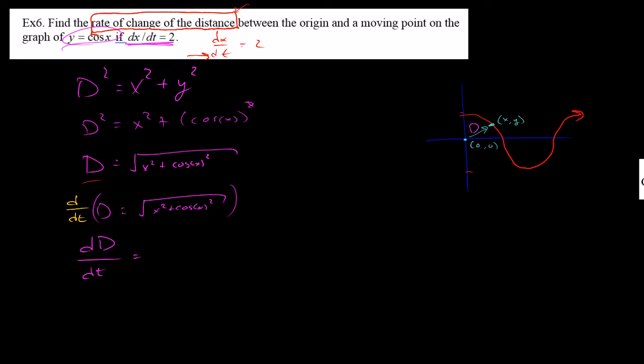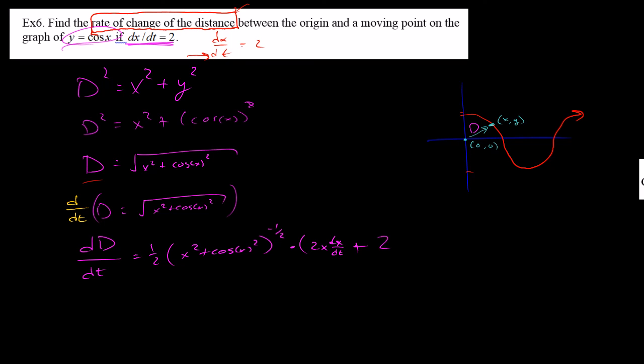If we take the derivative of this other side, we're going to have to apply some chain rule going on. So we got 1/2 times x squared plus cosine x squared to the -1/2 times the derivative of the inside. We have 2x dx dt, and then we're going to add that to the derivative of cosine squared.